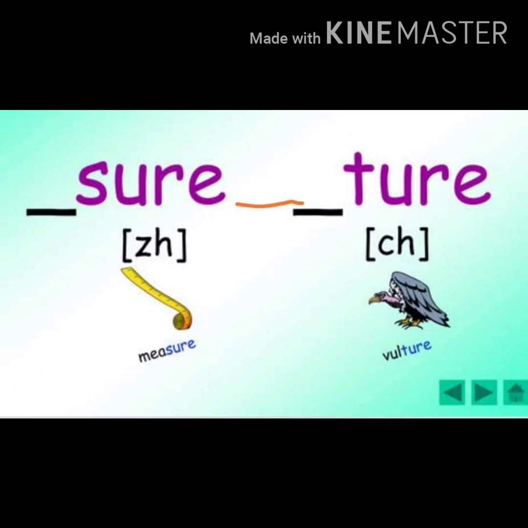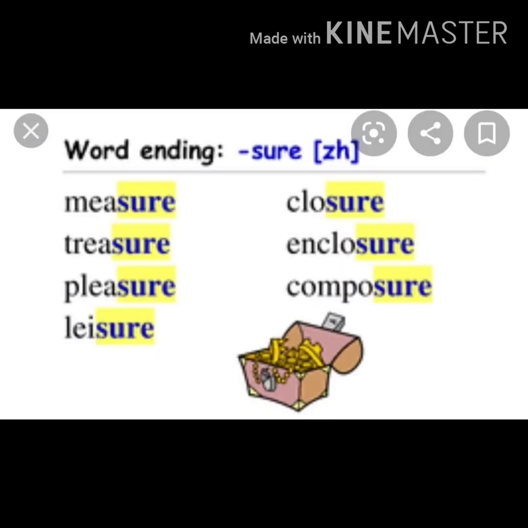We have another suffix, or some letters coming together, and we have j and ch. When it's j, okay, like measure, like closure, enclosure, composure, pleasure, leisure.